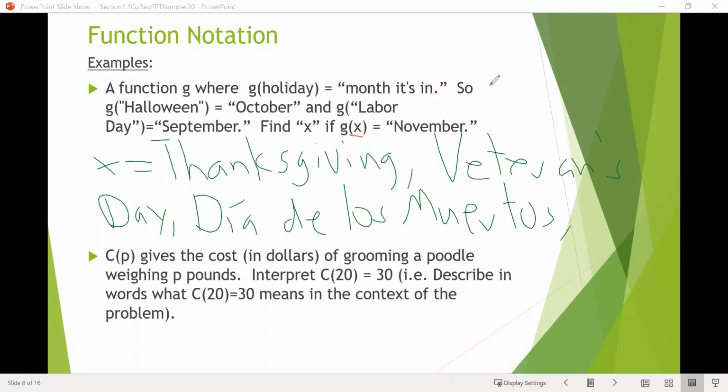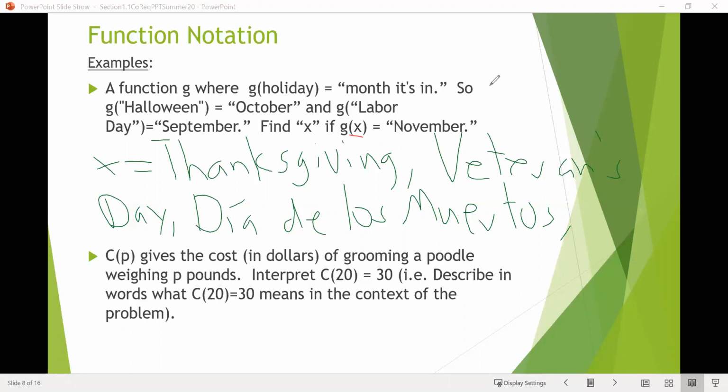There's also Indigenous Peoples Day and several others that I'm not thinking of right this moment. But hopefully what you see is that there are a lot of possibilities for what the value for x could be here. So many values of x could give us November as an output.